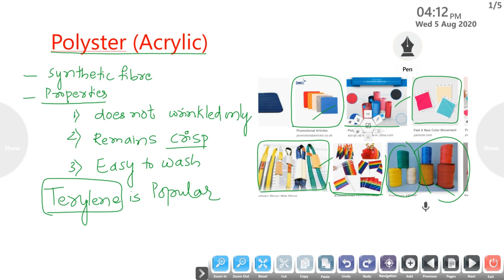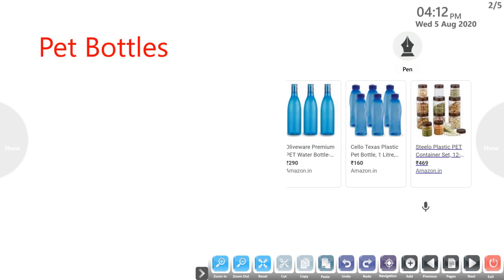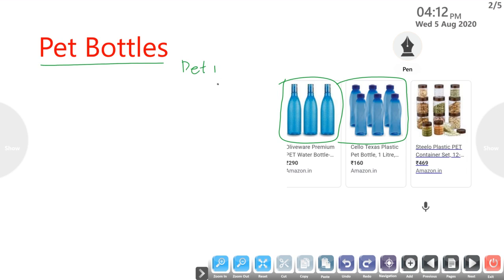Okay, now just focus on the next diagram. So I think you got the idea regarding these substances. Here, these are all things we are using in our daily life. These are called PET jars. Here we call them PET bottles or PET jars.